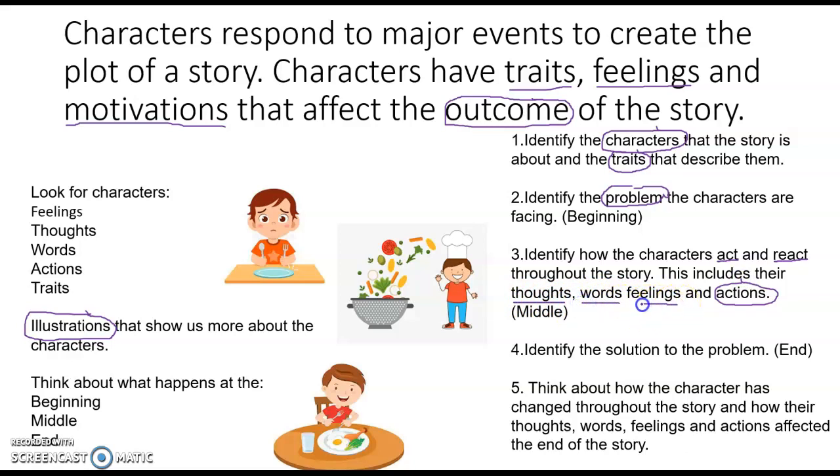And we learned a lot about Pandora and her brother by paying attention to what they were saying to each other. So then in the end, we want to look at the solution. How did what the characters did and thought and said and felt, how did those things affect the solution? And we want to think about how the characters changed because of those things.